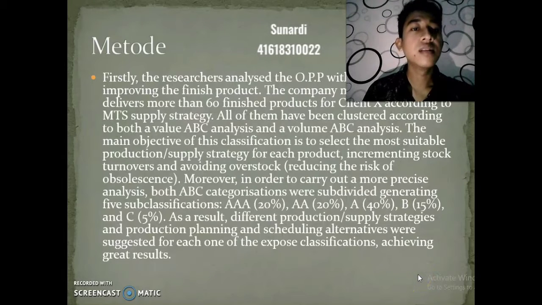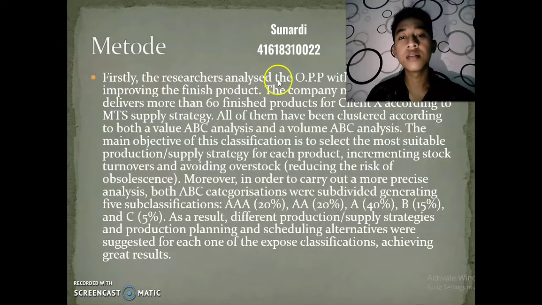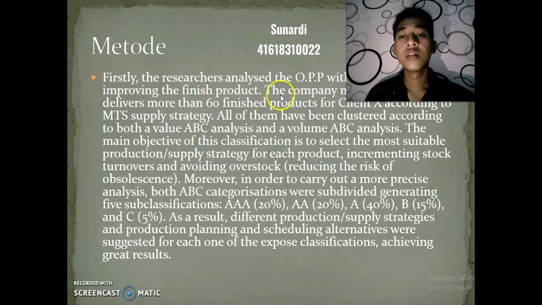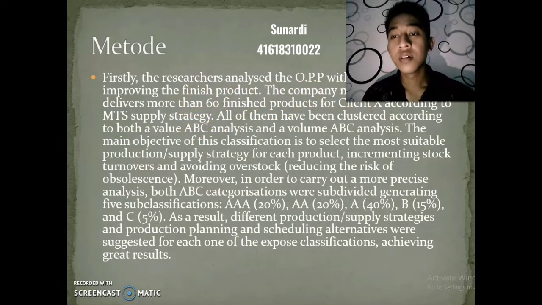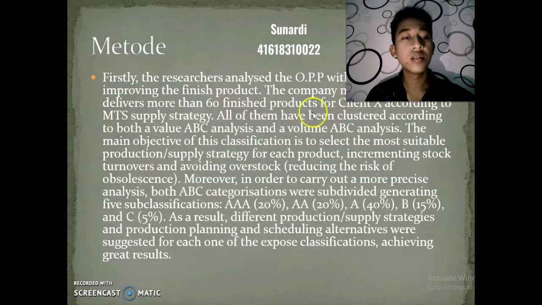My name is Sunardi. I will explain my thought from this journal. Method. Firstly, the research analyzed the OEM with the aim of improving the finished product. The company manufactures and delivers more than 60 finished products for client X according to the MTS supply strategy.